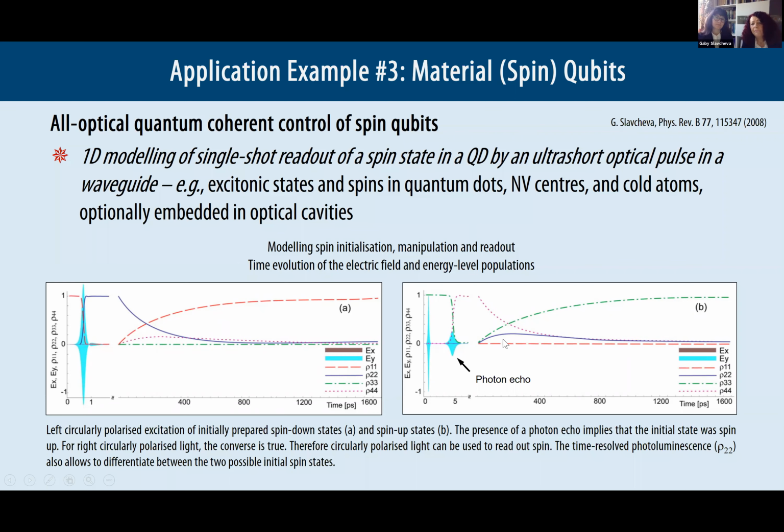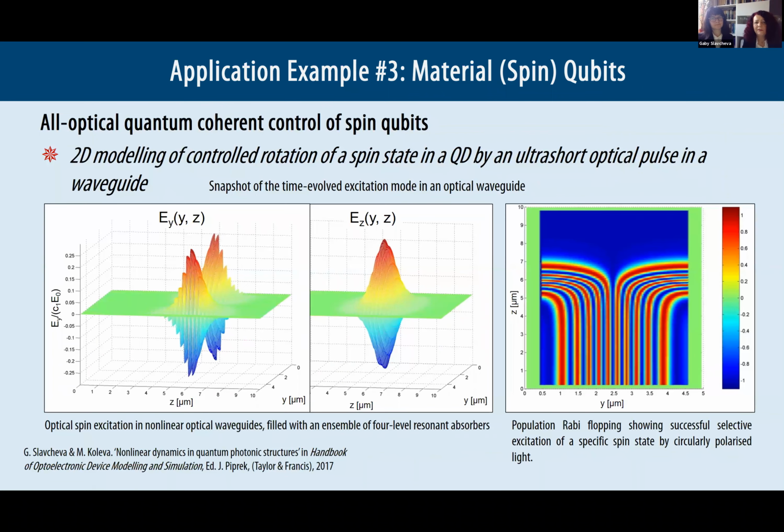They have a very different shape, and depending on the shape of this time trace, we can again identify the initial spin state. So it's very important for single shot readout of a spin state for quantum communications using material qubits.